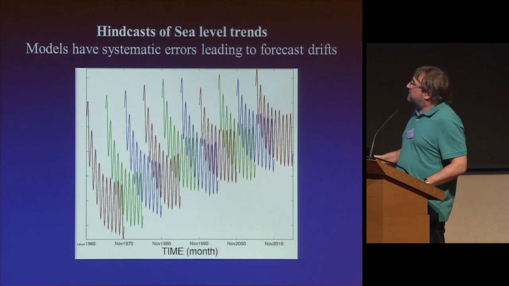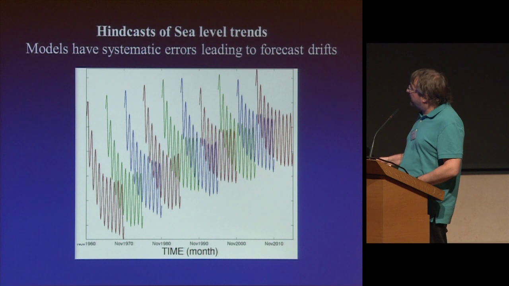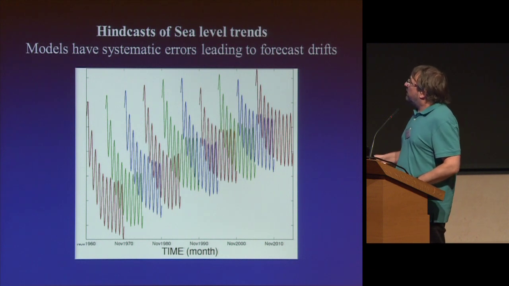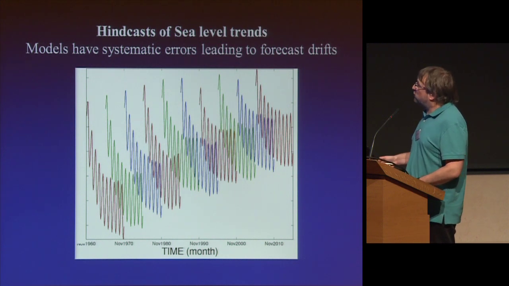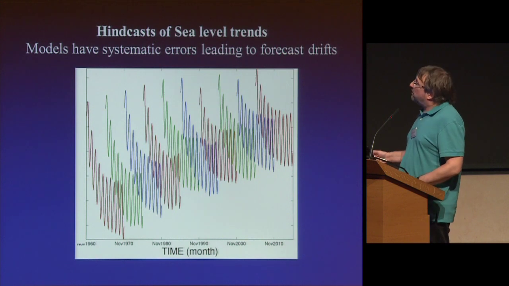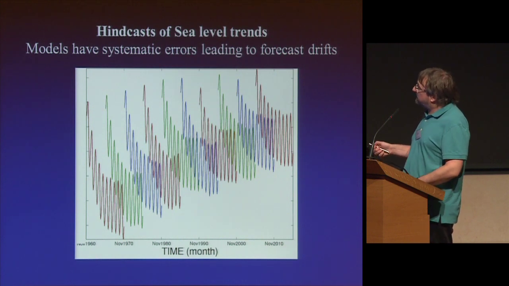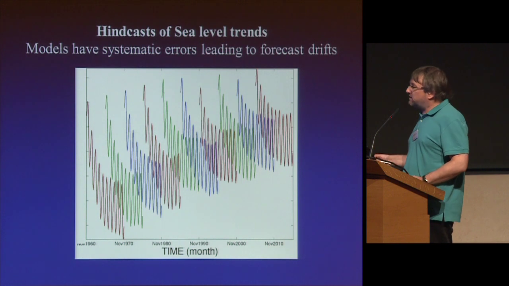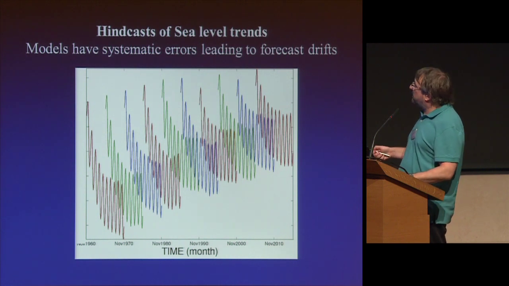Unfortunately, the models have systematic errors and then have systematic forecast drifts. And we have at CERFACS tried to use this to hindcast sea level, and we have to deal with these trends. And here is a schematic of how we did.